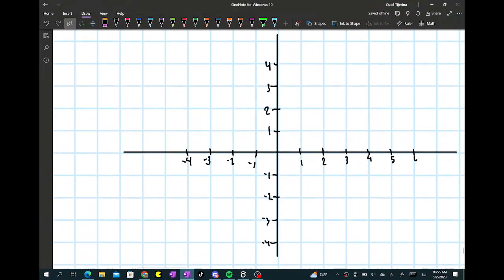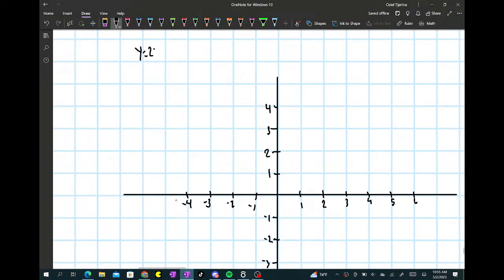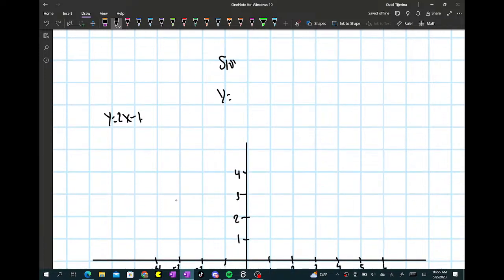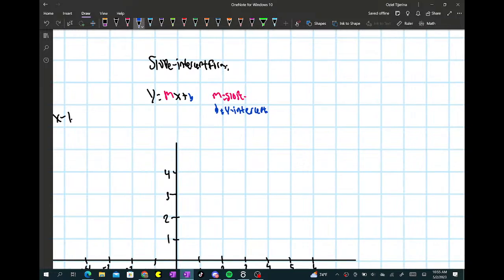Now, if I graph y equals 2x minus 1, first of all, we must understand the slope-intercept form. This is so important for calculus, and this is very basic that we learned at the beginning of algebra. It's y equals mx plus b, where m is the slope, b is the y-intercept, and the y-intercept is of the form 0, comma b.